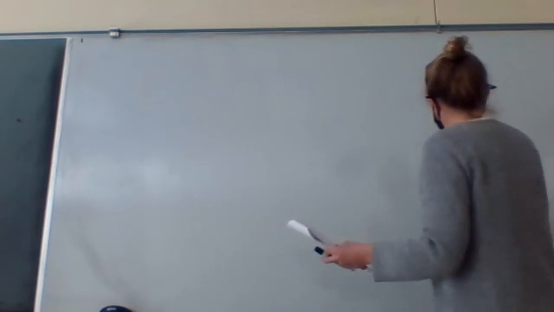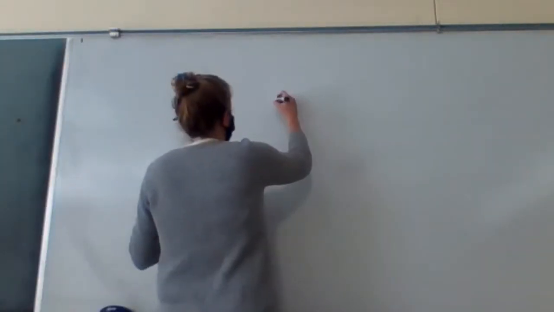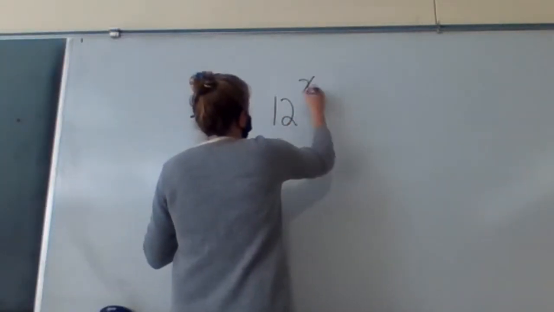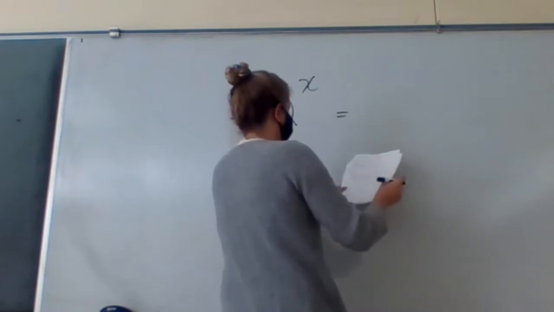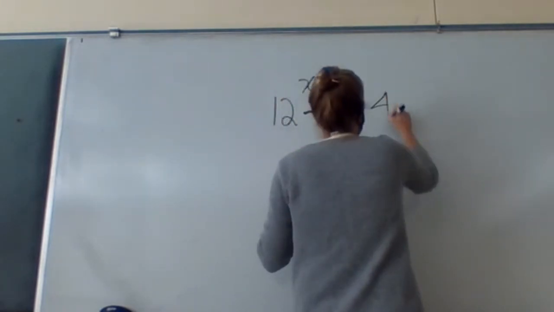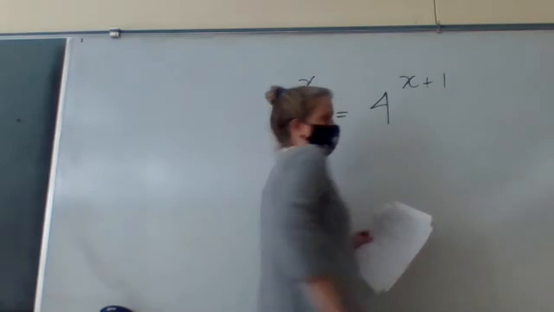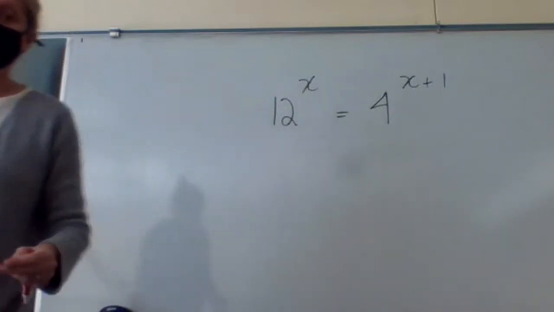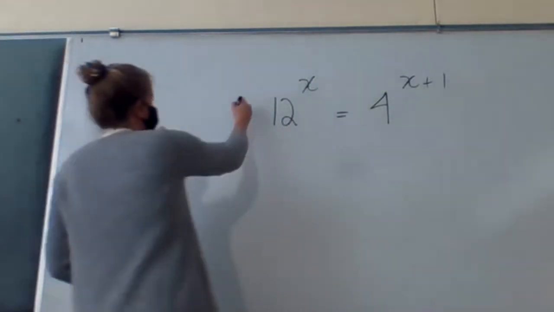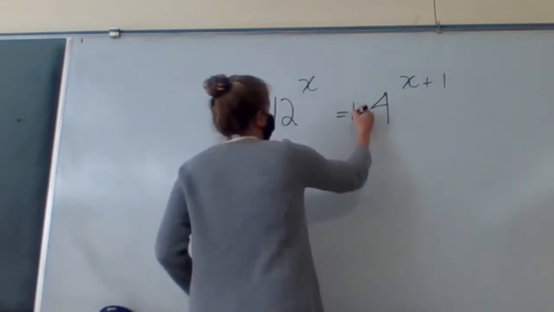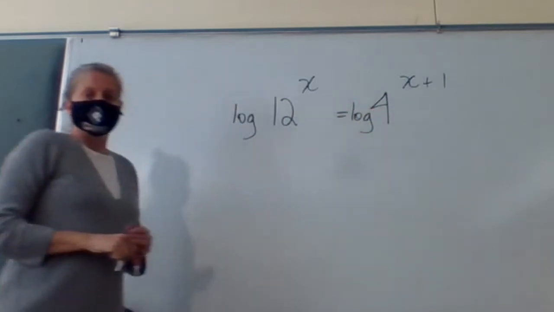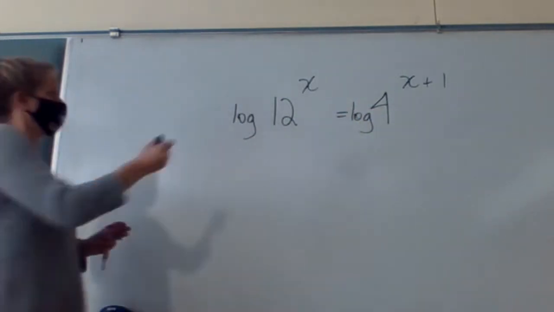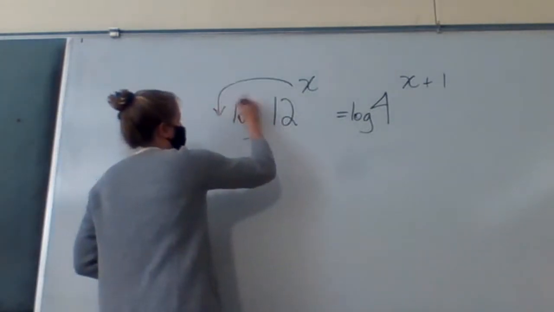All right, 25 is that one problem that we had in this section where we had x's in both of our exponents. We have 12 to the x power equals 4 to the x plus 1. So I am going to log both sides. Logging both sides brings my exponents down.